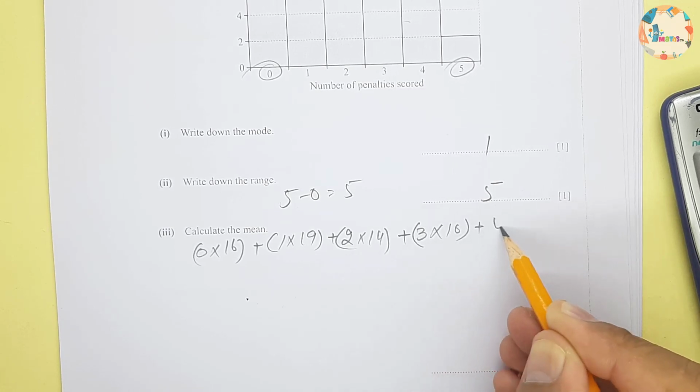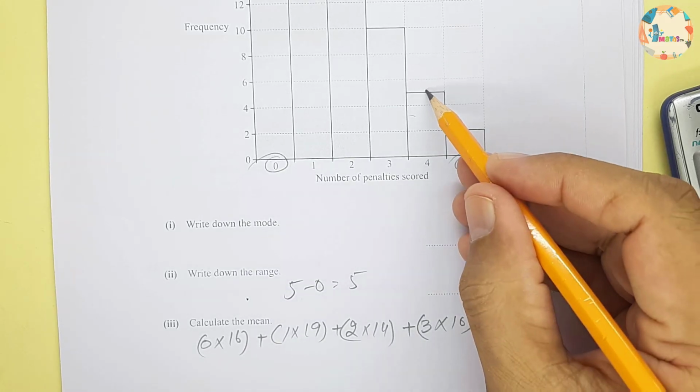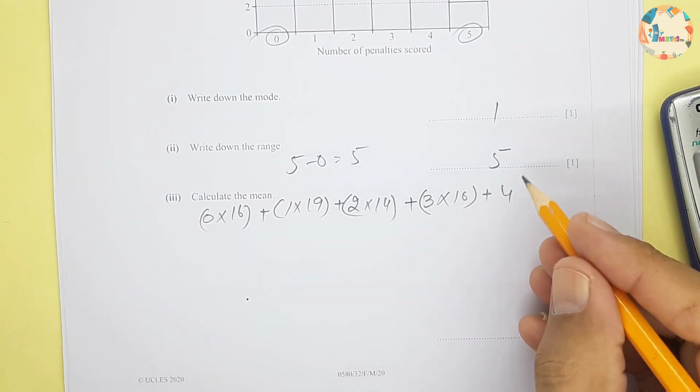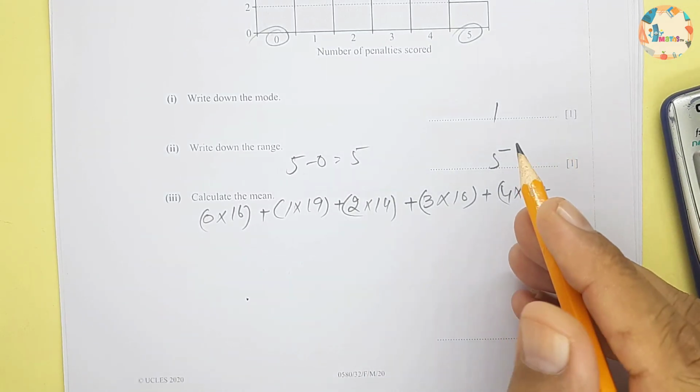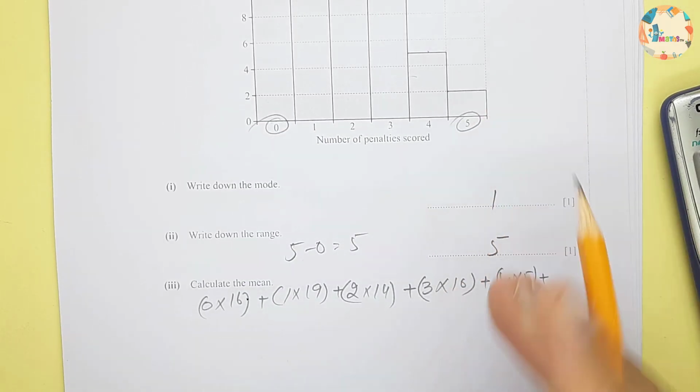Next value will be 4 multiplied by 5. And the last value will be 5 multiplied by 2.